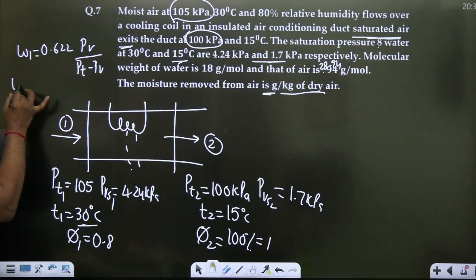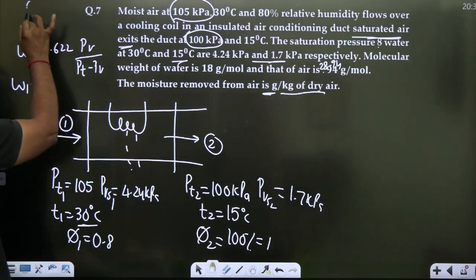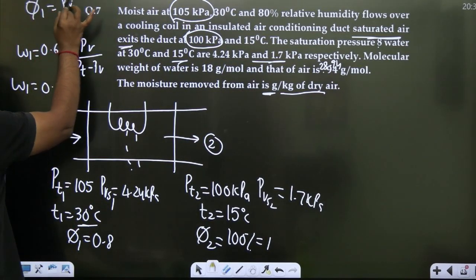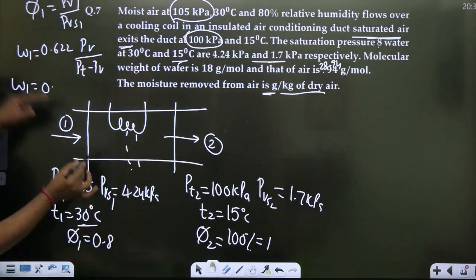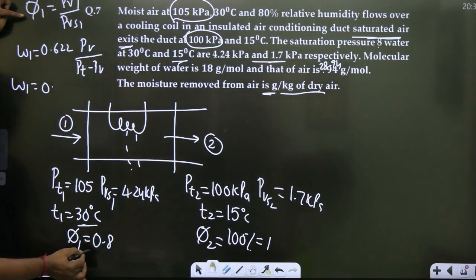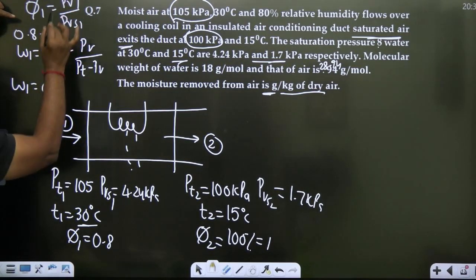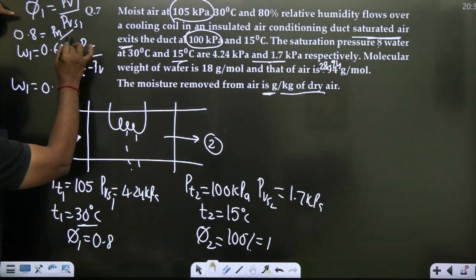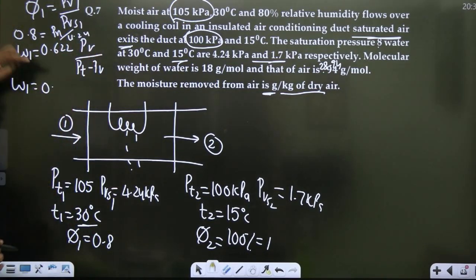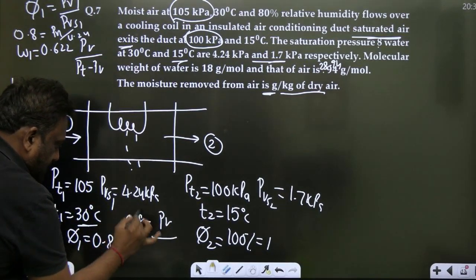Let's calculate omega 1. It is 0.622 times PV by P total minus PV. I don't know PV, but PVS is known. Relative humidity phi is equal to PV by PVS.